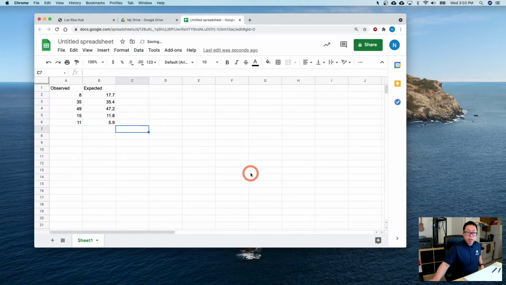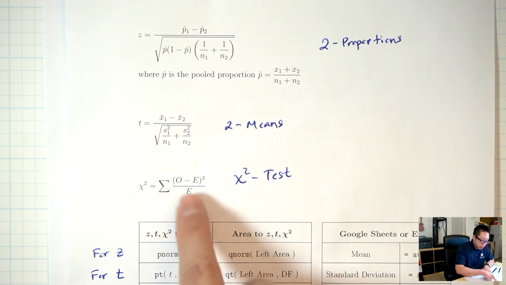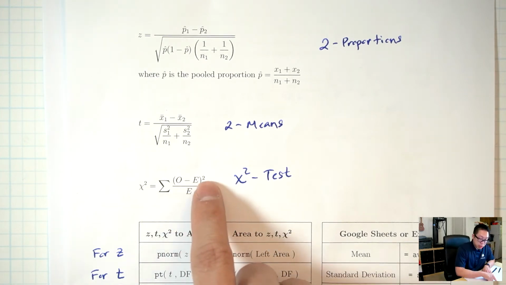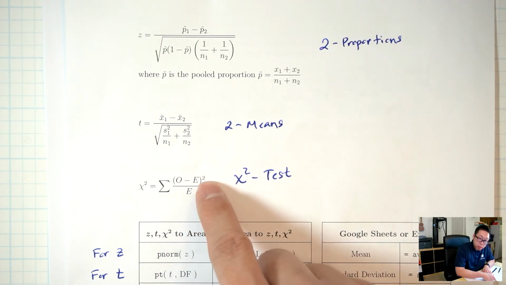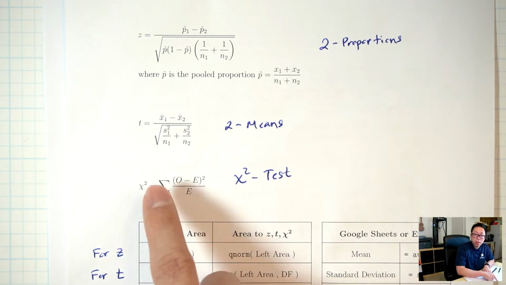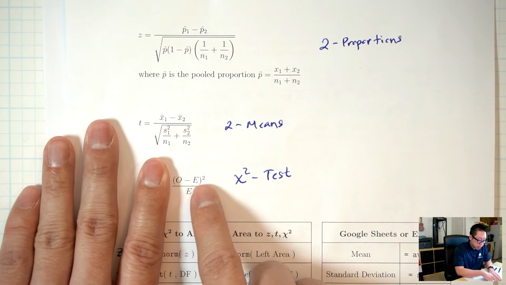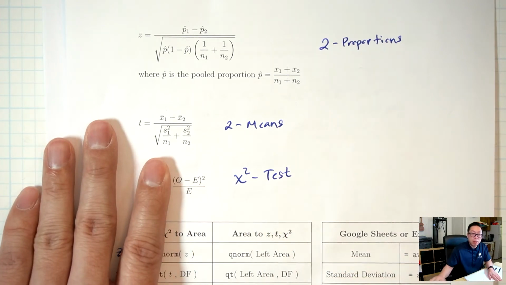And what I need to do to calculate is, if I look at my formula sheet, I need to set this up. So what this is telling me to do is O is observed, E is expected. So I need to take my observed minus my expected squared divided by expected, and then add up all of those numbers. So I need to create a third column where I calculate this part, the O minus E squared over E.